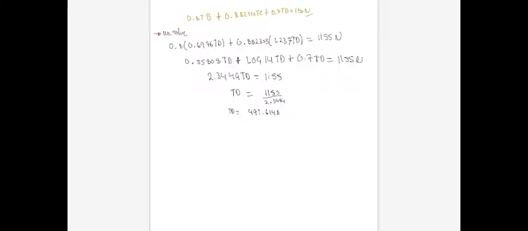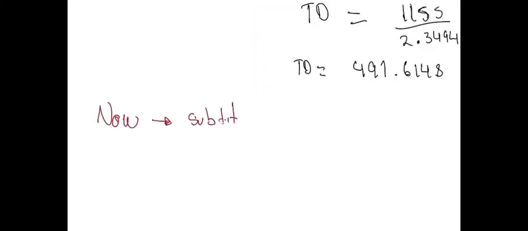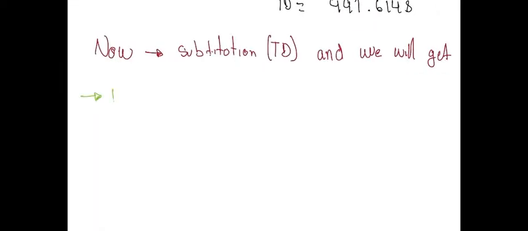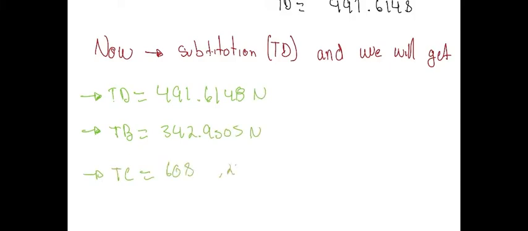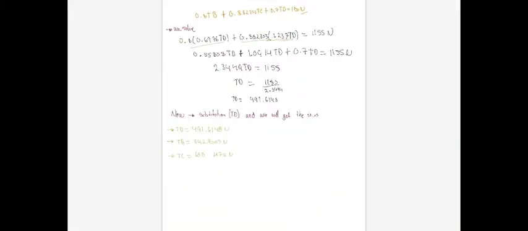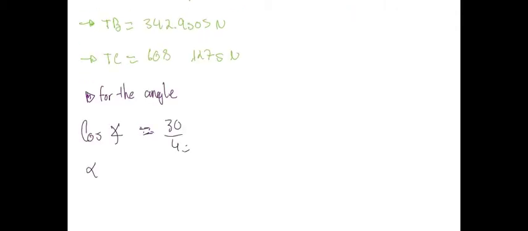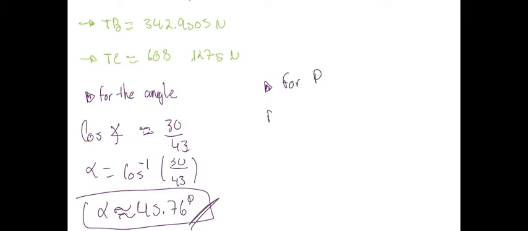For calculating the angle, I think it's easy. Before, I calculate the substitution for TD. I usually do an operation substituting TD in the rest of the balancing forms, and then I calculate the angle, and I use this form to calculate the force in P.